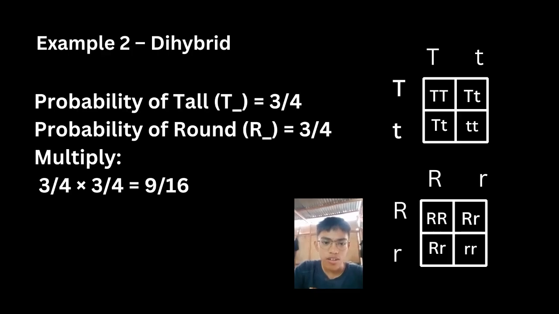So through multiplying both traits, 3/4 times 3/4, we can come up to 9/16. Therefore, ang probability nga ang offspring kay tall ug round kay 9/16.